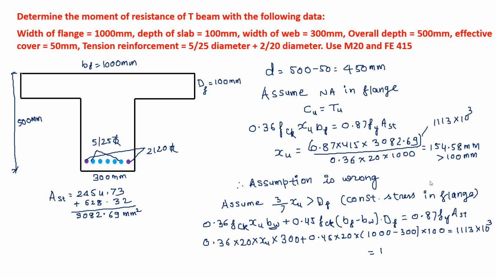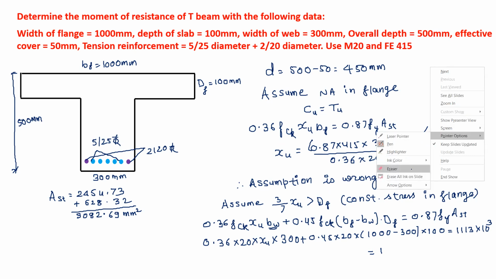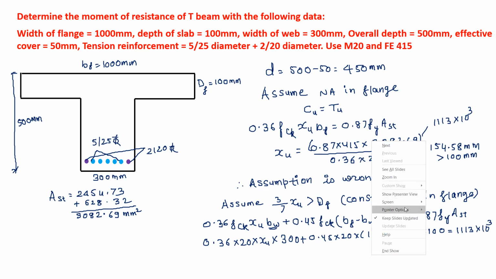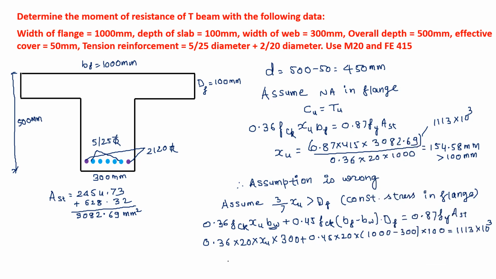Now we have the value of XU from this. So XU equal to 1113 into 10 raised to 3, and the value of this portion, 630 into 10 raised to 3, becomes minus, and 0.36 FCK into BW we have 2160, and that is equal to 223.67.